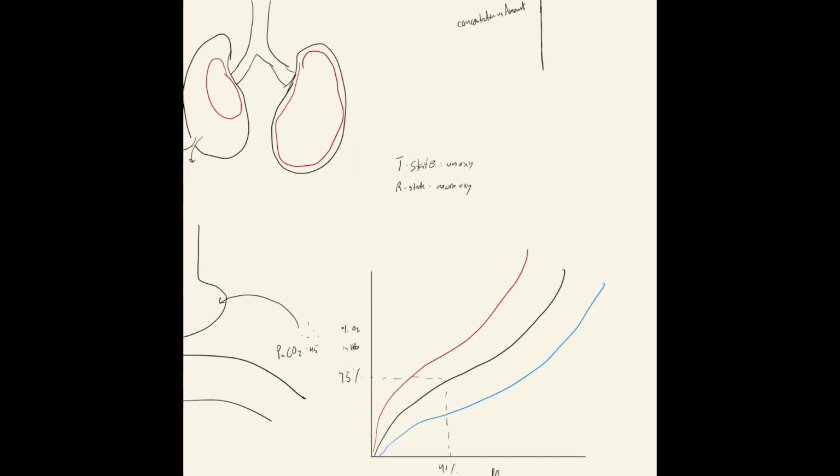The final piece that I want to talk about is the oxygen hemoglobin dissociation curve and some of the factors that can affect it. So on this curve, this middle black line we'll consider north. So the more percentage of hemoglobin that you have, the more percentage of oxygen attached to hemoglobin, the higher your oxygen saturation rate.